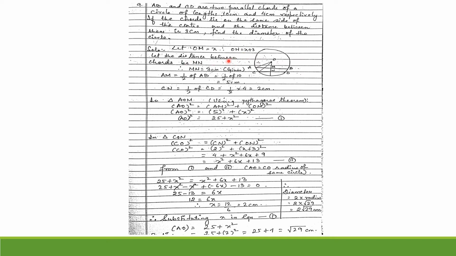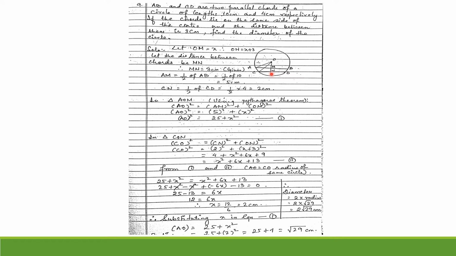Now AM will be half of AB because it is bisecting the chord here, and similarly CN will be equal to 2 centimeters, that is half of CD, because N is bisecting the chord CD.